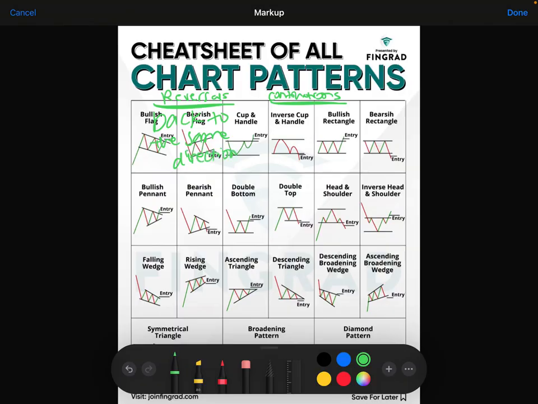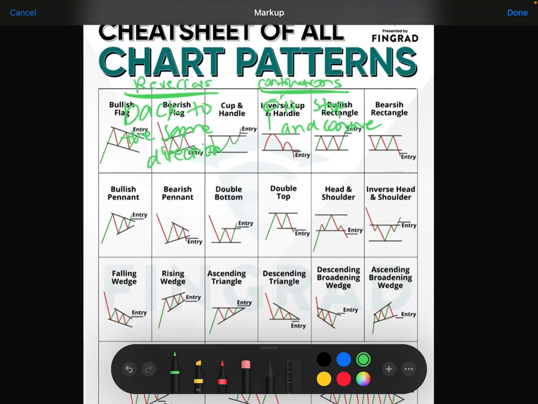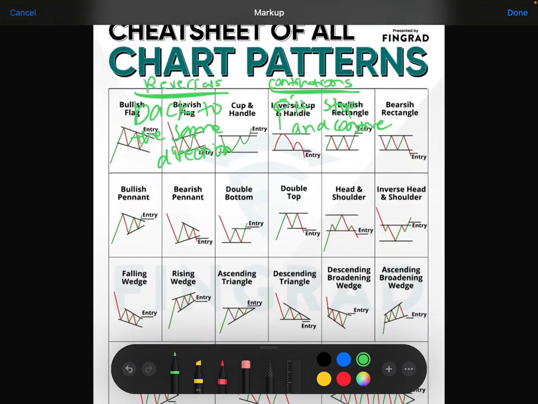A continuation means, let's just call this a pit stop, and continue. This is so important because regardless of how complicated these all look, every single chart pattern can be put into either a reversal or a continuation.